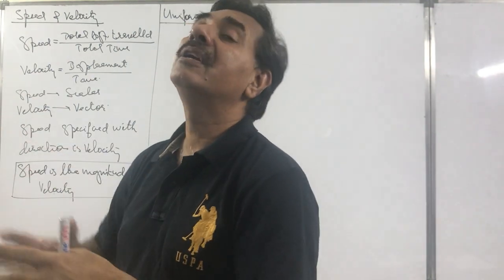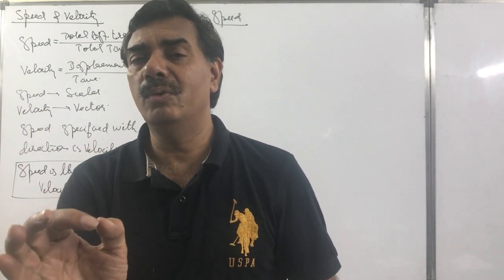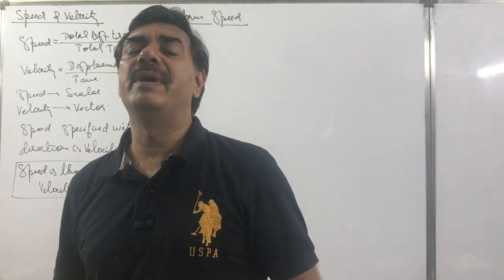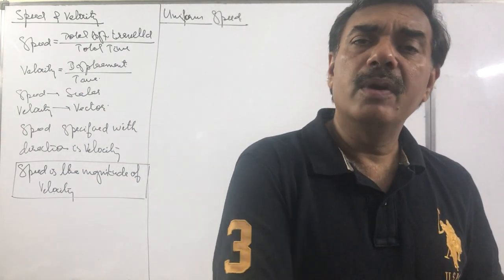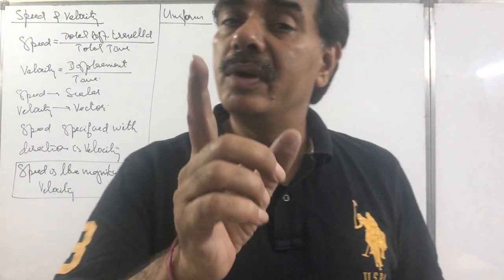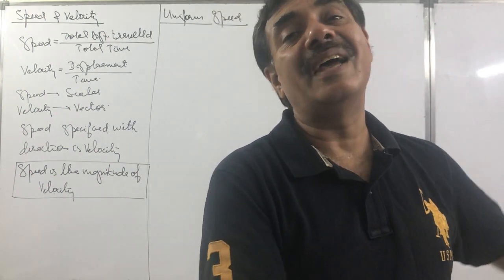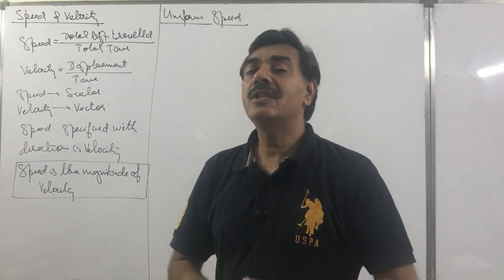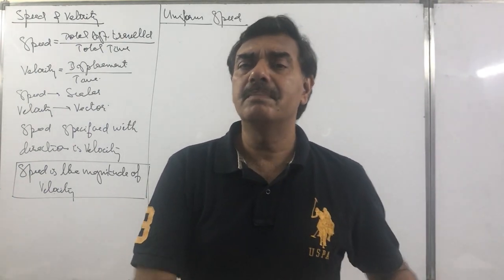Suppose from a certain reference you are at a distance of 5 meters at t equal to 0, say from this wall. After some time you are at a distance of 20 meters from the wall. It means you have covered a distance of 15 meters in this time interval. Distance traveled is change in position.